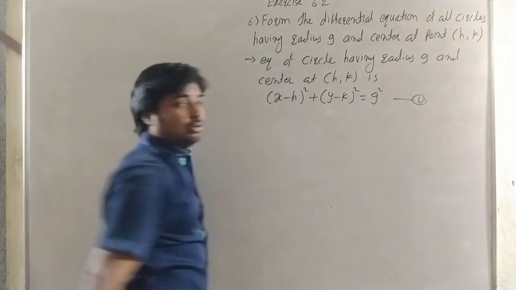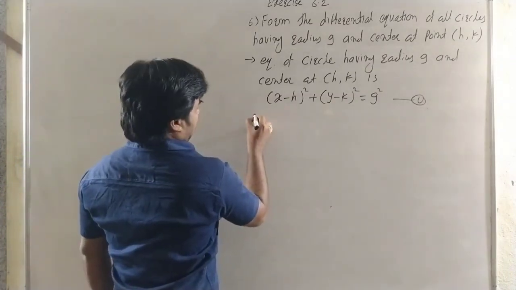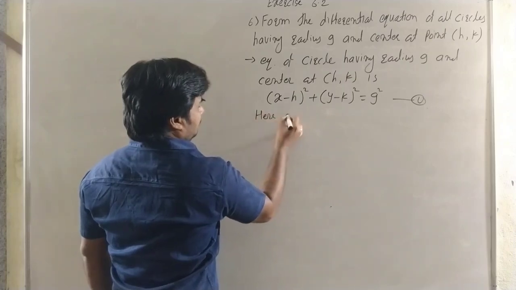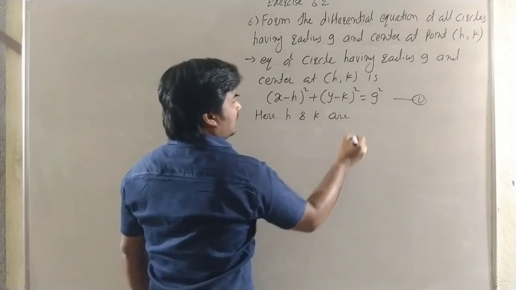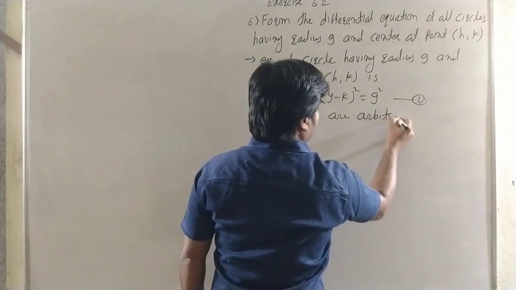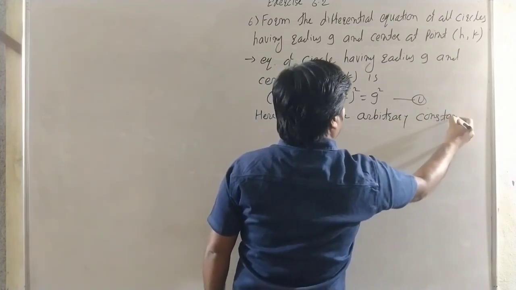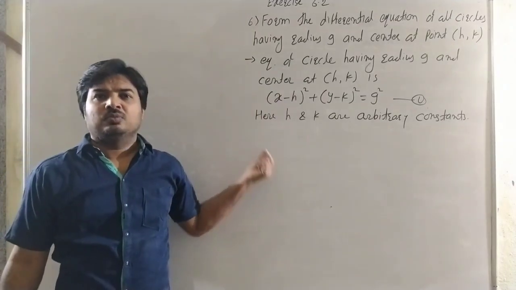Okay, here it is the equation of circle. Now here h and k are arbitrary constants. Okay, that means there are two arbitrary constants.